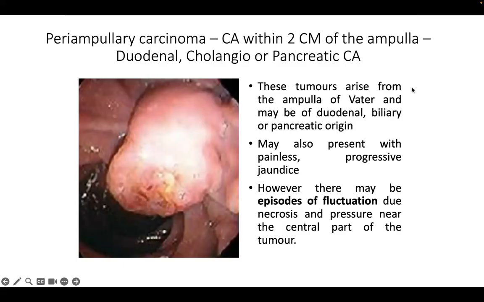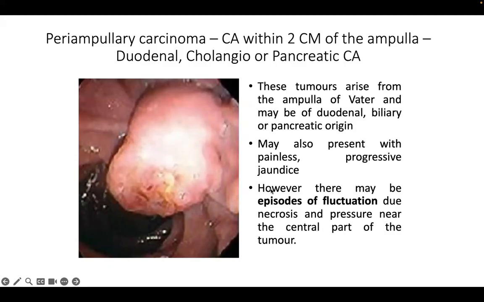These tumors arise around the ampulla and may be duodenal, biliary, or pancreatic in origin. They may also present with painless progressive jaundice. However, there are episodes of fluctuation. This is due to necrosis and pressure near the central part of the tumor.